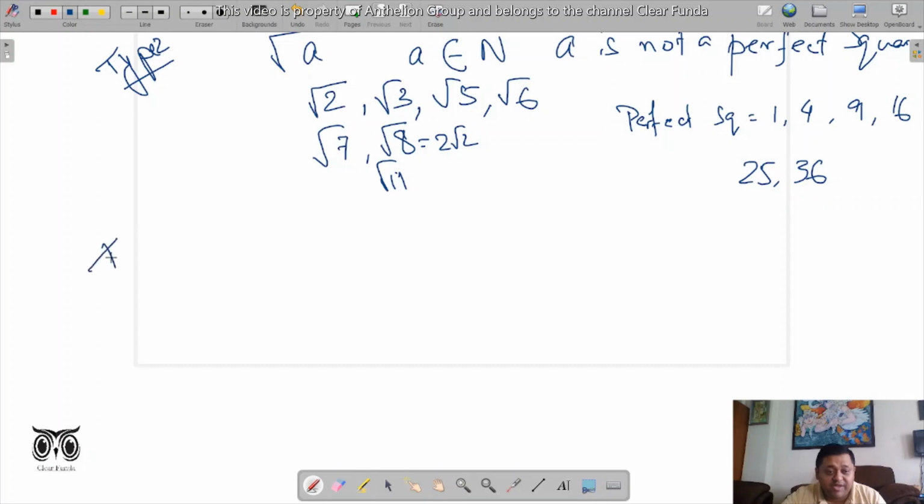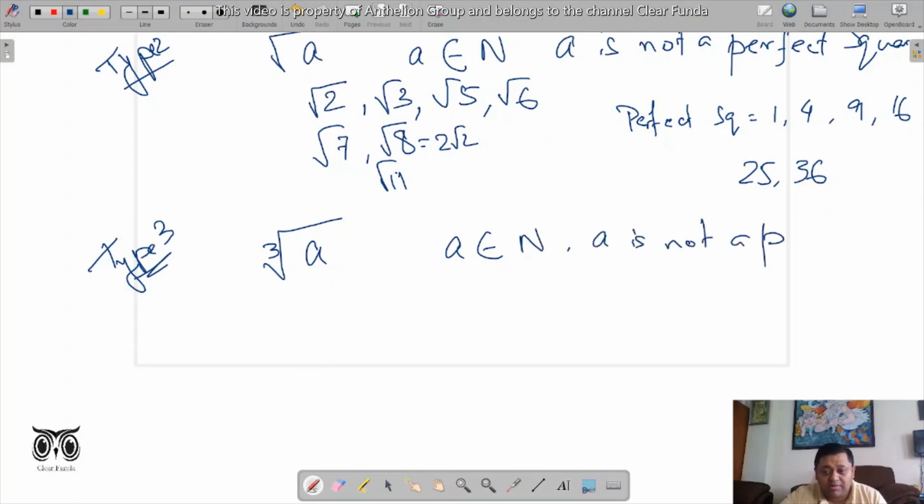Then we have type 3. Type 3 is cube root of A. Same thing, A belongs to natural numbers and A is not a perfect cube. So you can basically find out any number which is nth root.